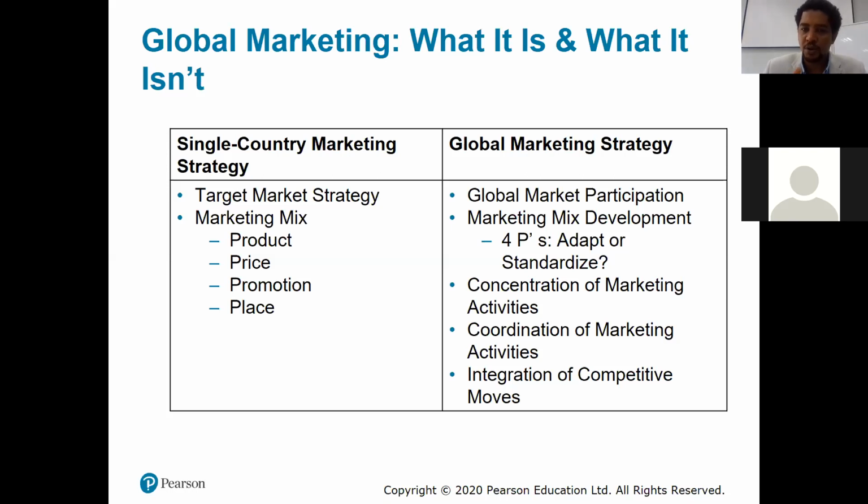So let's talk about concentration of marketing activities, coordination of marketing activities, and integration of competitive moves. These are the things that differentiate single country marketing strategy from global marketing strategy. Okay, so let's talk about these three here.